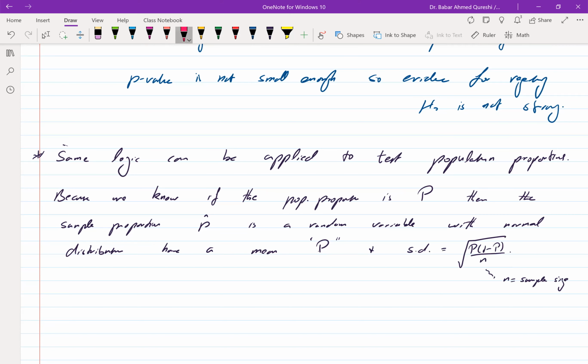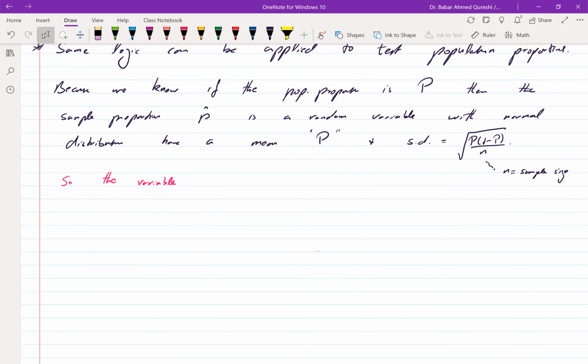So the variable, this is all what we have done a long time ago and many times over. I repeat all these things many times, so it's just a revision.